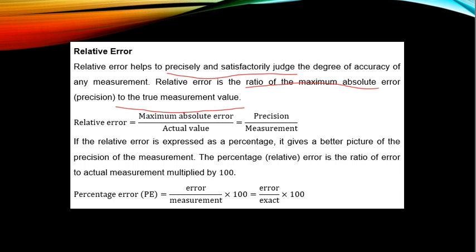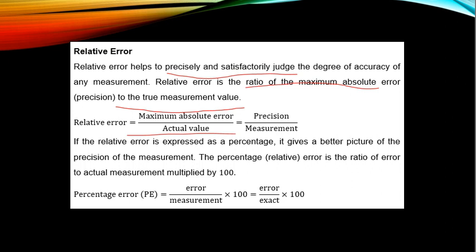Relative error is the ratio of the maximum absolute error, that is called precision, to the true measurement value. So this is how we express relative error. You can express a ratio as a fraction, so you have maximum absolute error over actual value, and it's the same thing as precision all over measurement.